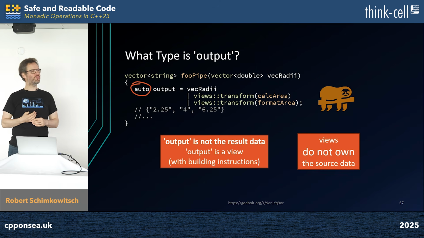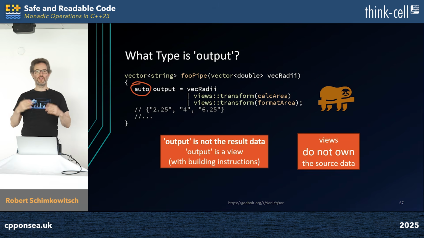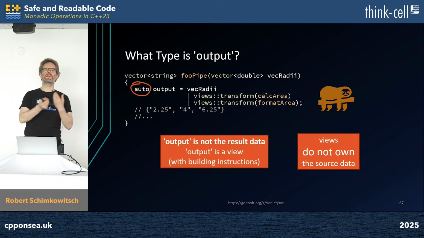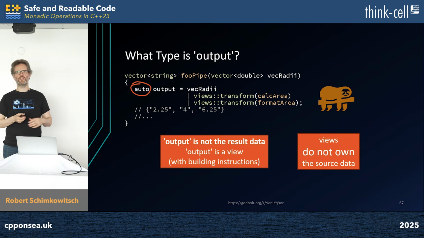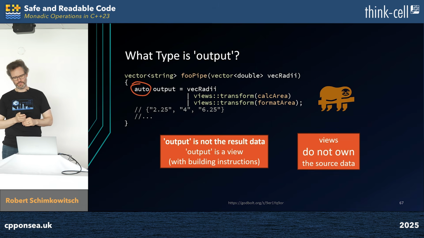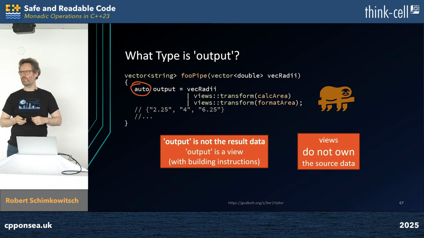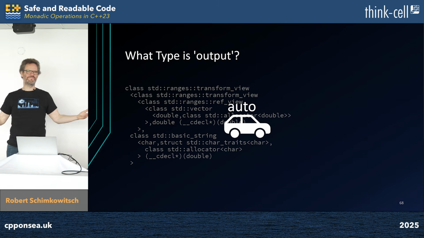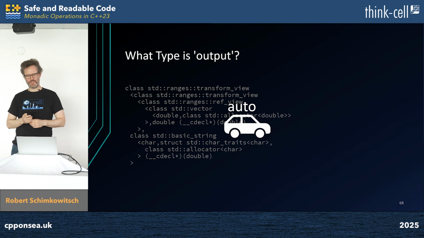Another thing about views is they are lazy. So they will only start evaluating once you start drawing data out of them. Constructing a view does not do very much, almost nothing. So what type is the output now? Something like this, and it varies by compiler. So auto is pretty much the only way to make use of that.